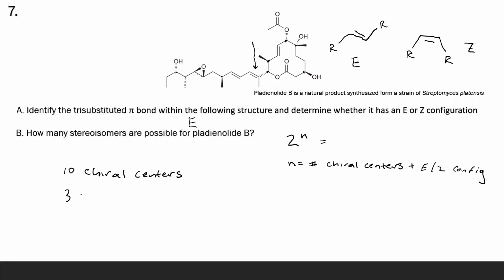And so in this case, we've got 3, so it would be 2 to the 13. I'll plug that into my calculator real quick. I get 8,192 possible stereoisomers.